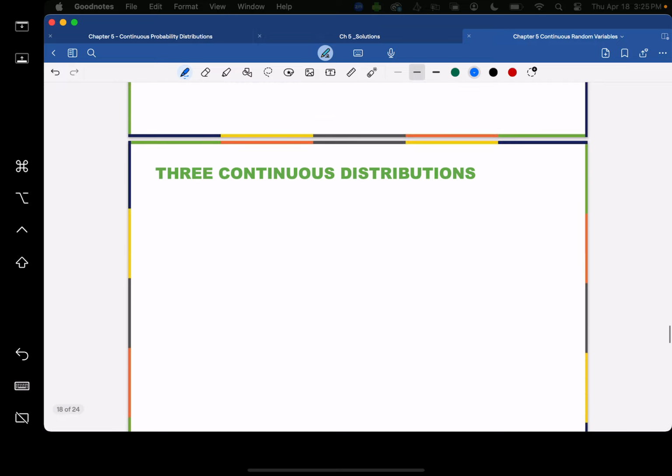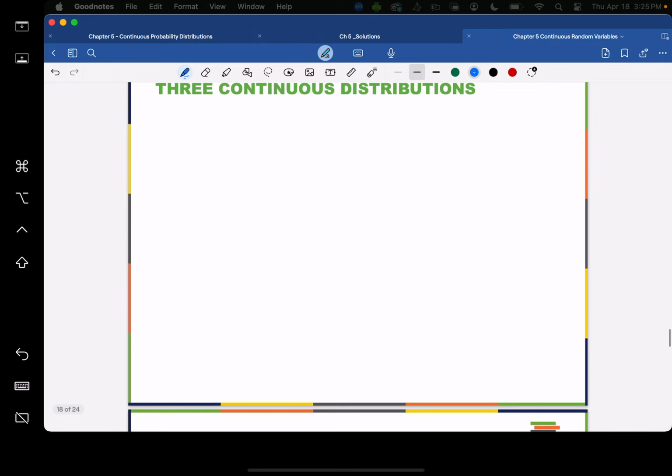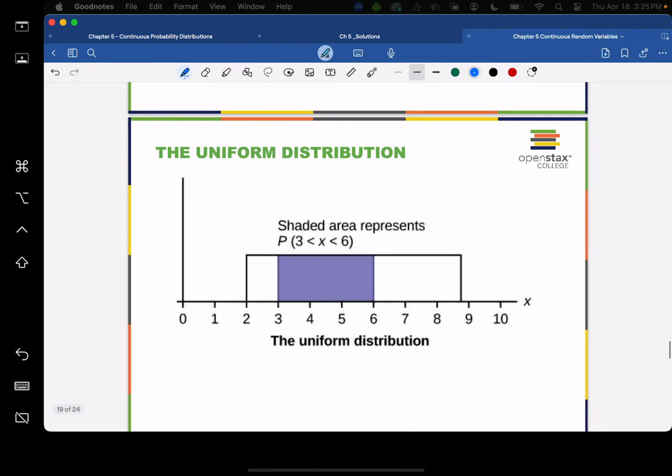So that's fine. The next thing I wanted to go over is 3 different continuous probability distributions. The first one is the uniform distribution, which will be on the next page of your worksheet. The uniform distribution just means that all the values are equally likely.